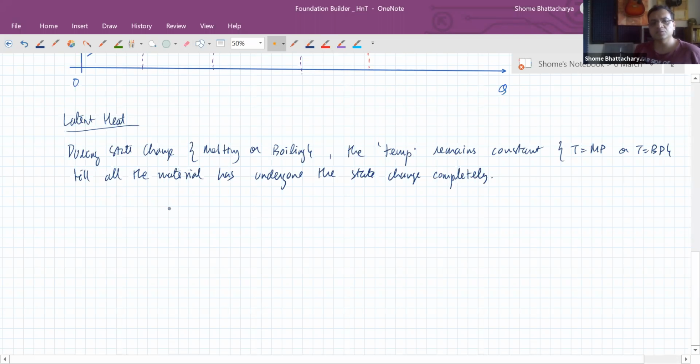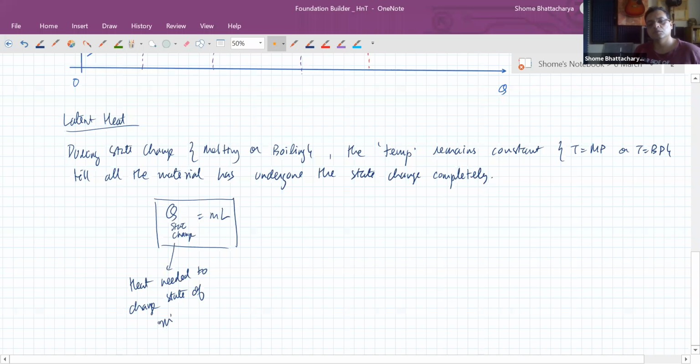Okay. And the relationship is that the heat required for state change is equal to the mass of material multiplied by a quantity called specific, called latent heat. So the heat needed to change the state of m mass.